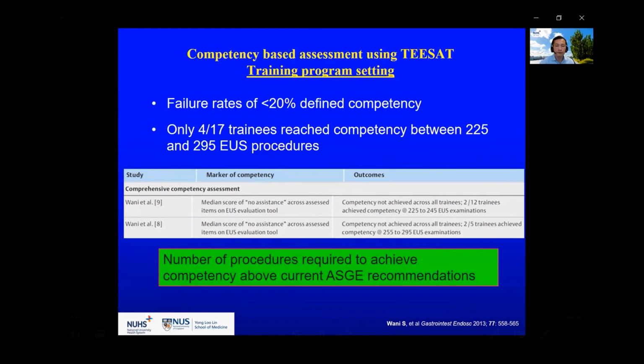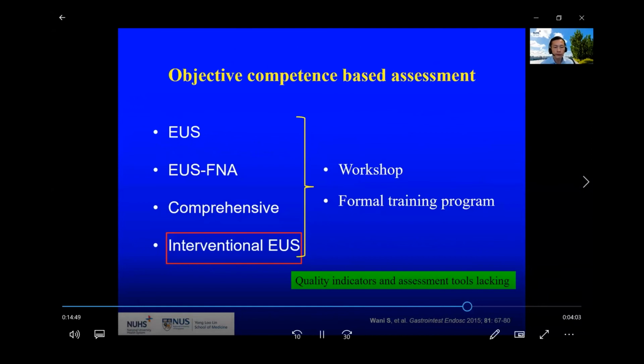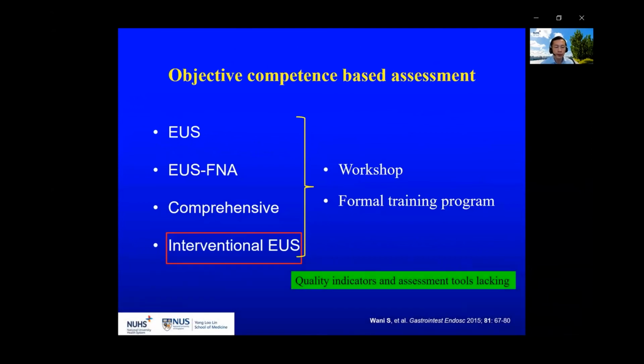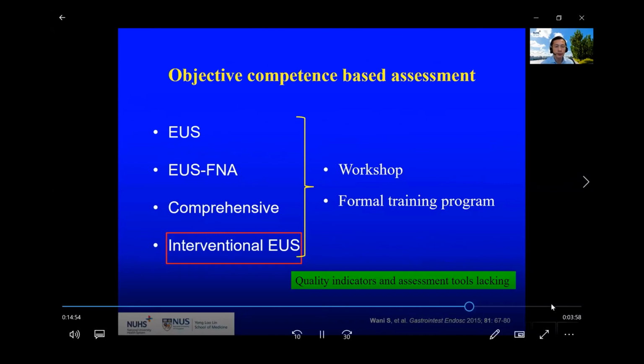So finally, I'd like to finish off this sharing session by touching upon interventional EUS, which everybody knows is now becoming very popular and also very important in our daily EUS practice. The sad news is, in assessing competency in interventional EUS, currently we do not have either the quality indicators nor the assessment tools.